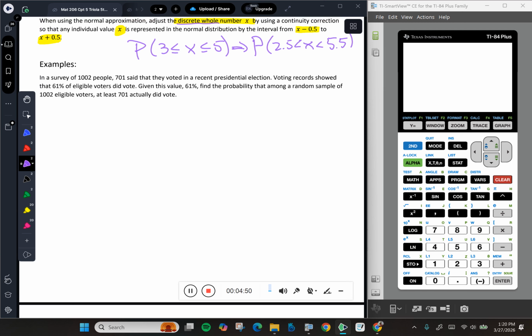All right? In a survey of 1,002 people, 701 said they voted in a recent presidential election. The voting records showed that 61% of eligible voters did vote. Given this value, 61%, find the probability that among a random sample of 1,002 eligible voters, at least 702 did vote. Okay, so this is binomial in nature.